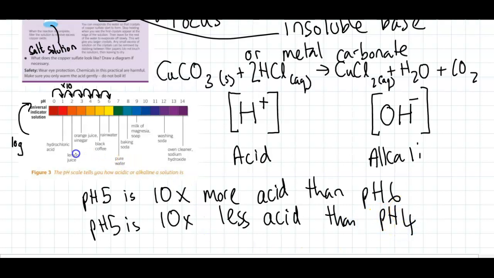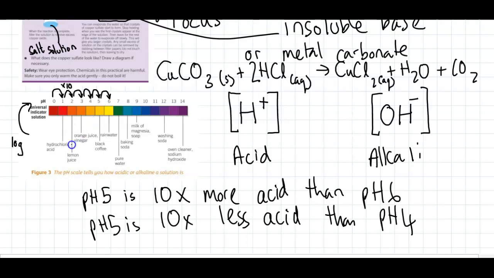And we can multiply that up. So pH 2 is 10, 100, 1,000, 10,000 times more acid than pH 6. Okay, multiplying by 10 each time.